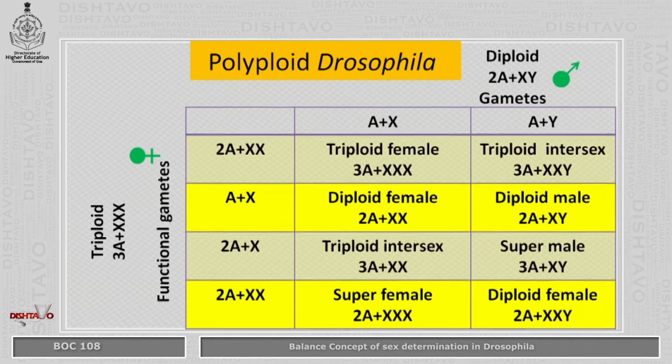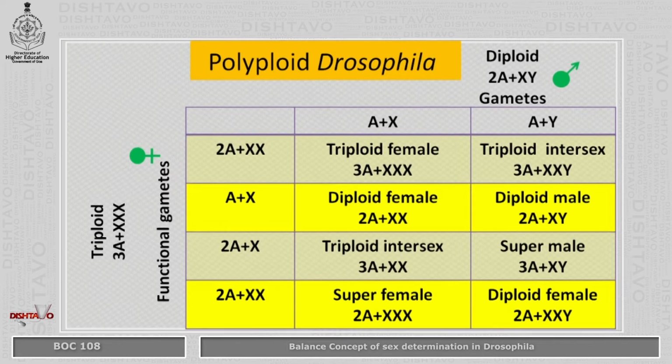On the left hand side we have a triploid female, which has 3 autosomes and 3 X chromosomes, and these are the functional gametes of the female. Whereas on the top you can see the gametes of the diploid male. There are 2 autosomes and 1 X and a Y chromosome.